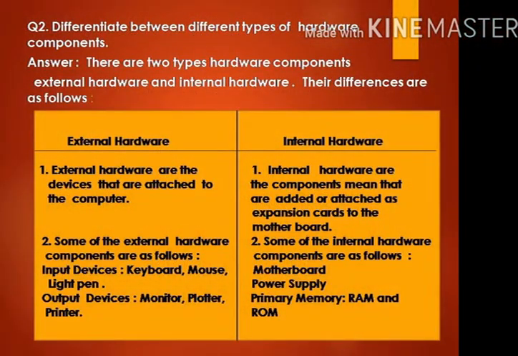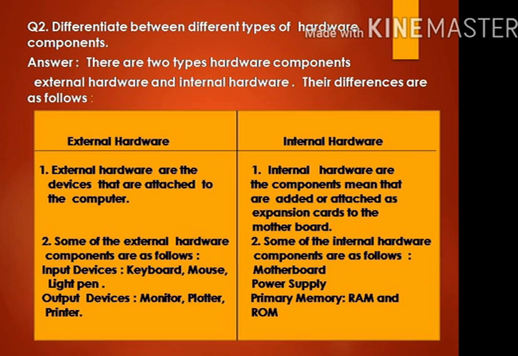The next slide contains the next part of questions and answers. Question number 2. Differentiate between different types of hardware components. Answer. There are 2 types of hardware components: external hardware and internal hardware. Their differences are as follows.